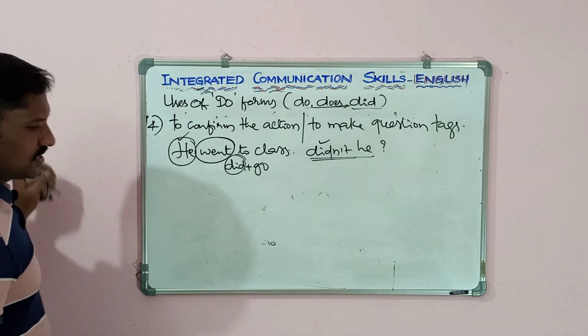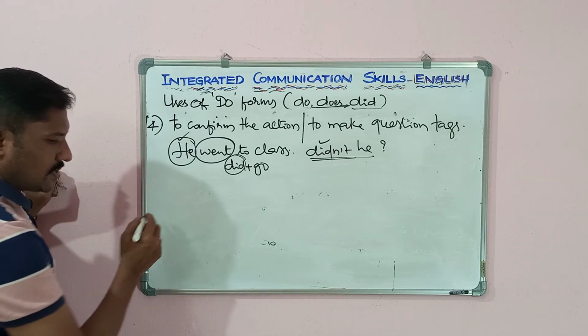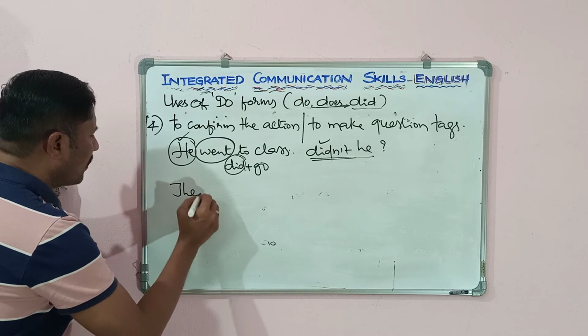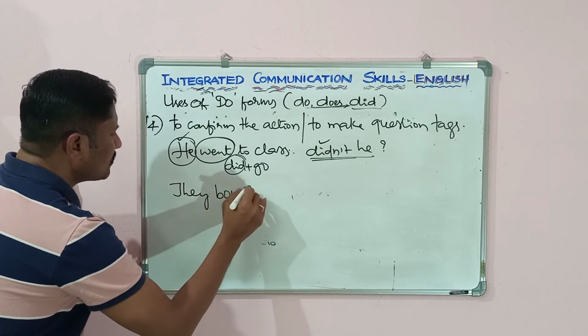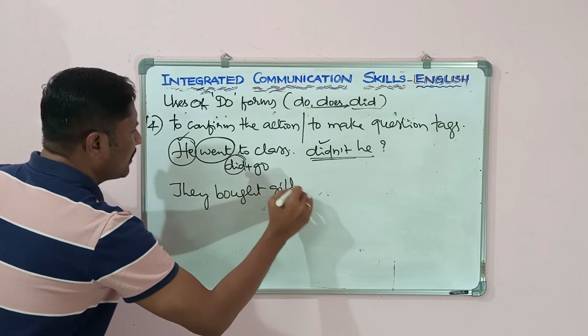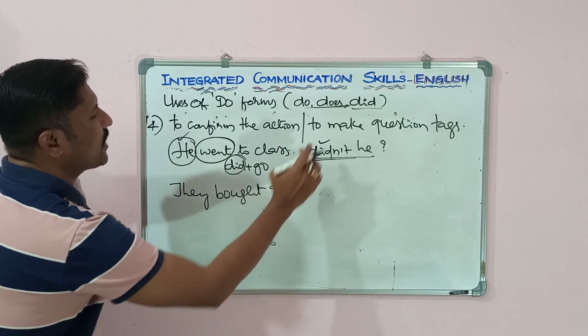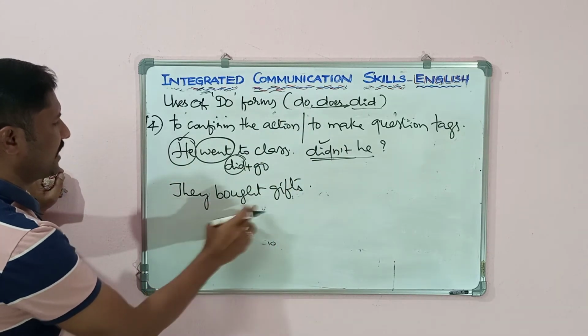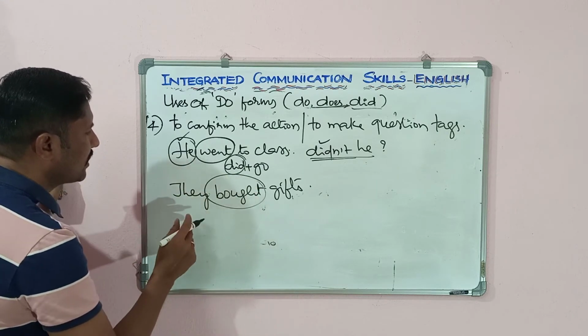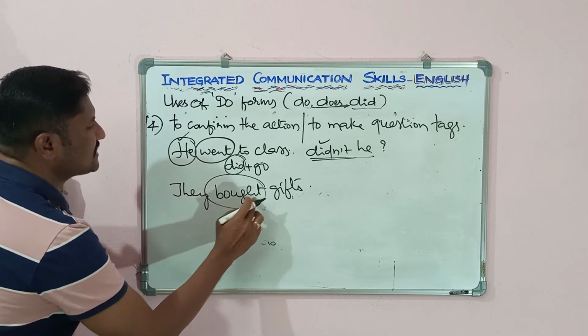Okay, like this. Next, they bought gifts. Now we are going to confirm this action, or make a question tag for this sentence. What is the verb here? They bought. It is in the simple past.